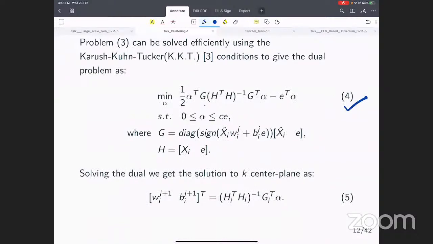Here the matrices appearing in the dual formulation may not always be invertible. So what we do is add an extra regularization term: in place of H transpose H, we add some delta, where delta is some small positive number.